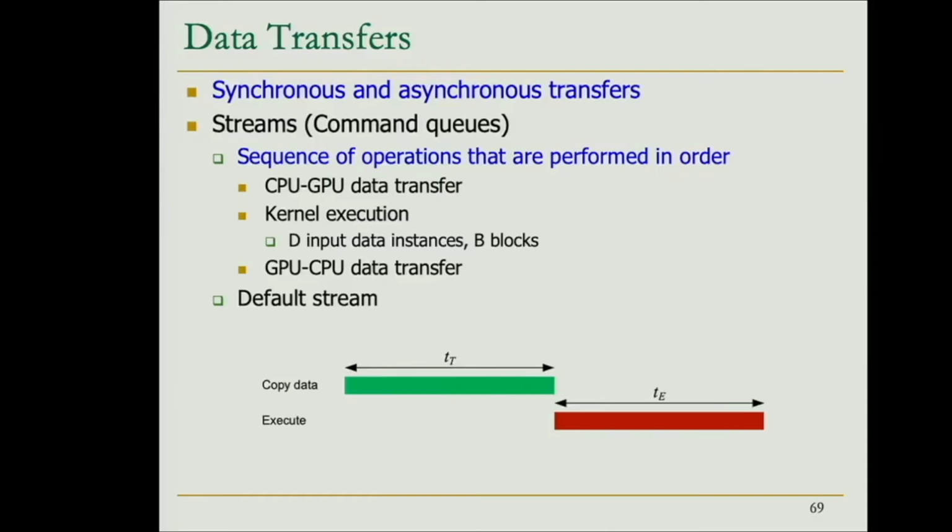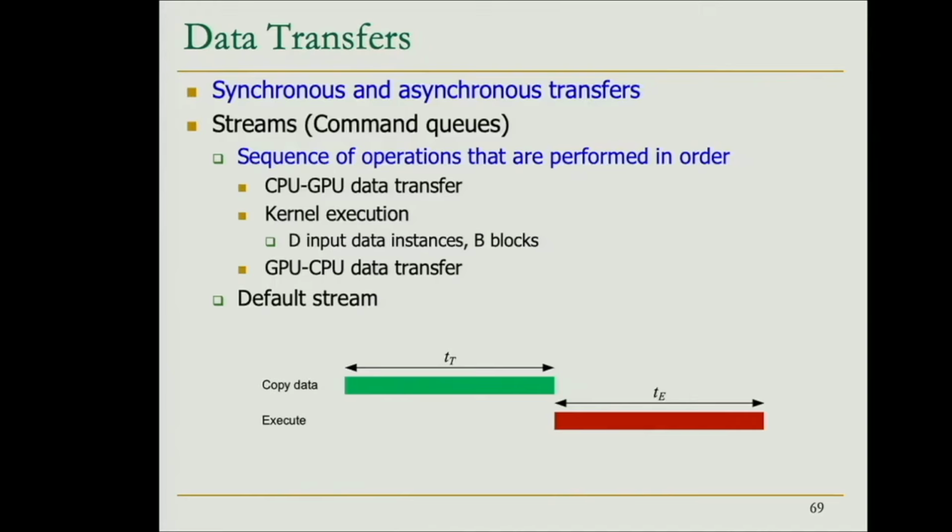I cannot start the execution of the kernel until I have finished copying the data from the CPU memory to the GPU memory. So if this is matrix multiplication, the first thing to do is to transfer both matrices from the CPU to the GPU memory, and then I can start the execution. So these operations represent a single stream, the default stream.